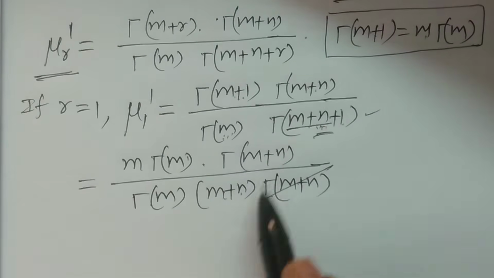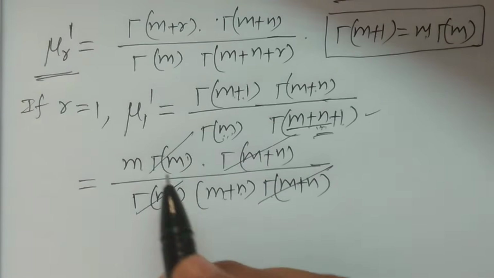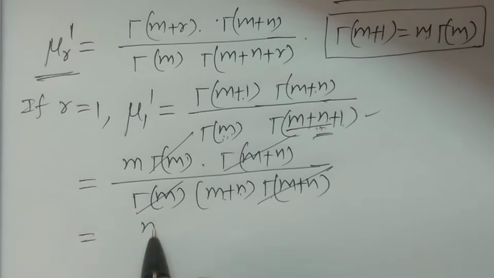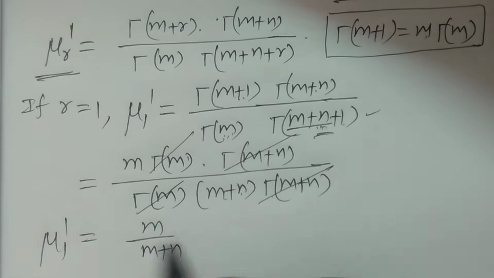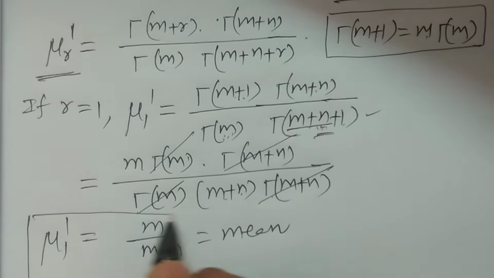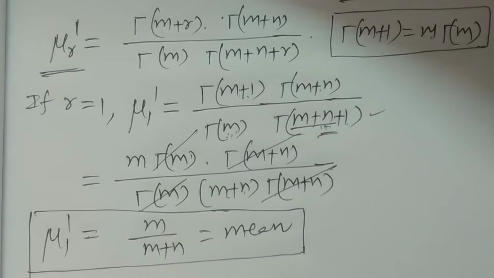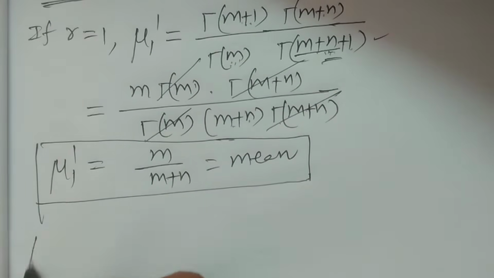So gamma m plus n gets cancelled, gamma m gets cancelled, and we get m divided by m plus n. This is mu 1 dash, which is the mean of the beta distribution of first kind. For this distribution, the mean is m by m plus n. Now we have to calculate mu 2 dash.